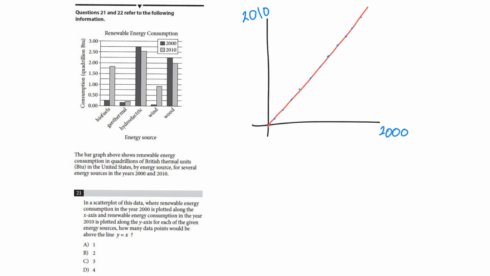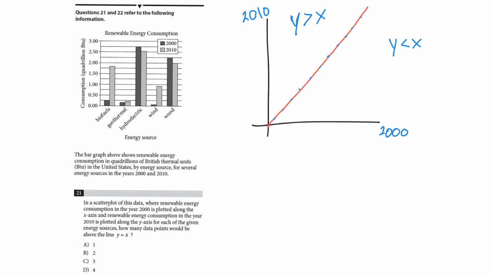For a point to be above this line, y has to be greater than x. So every point in this part of the graph, y has to be greater than x. And every point down here, y has to be less than x.